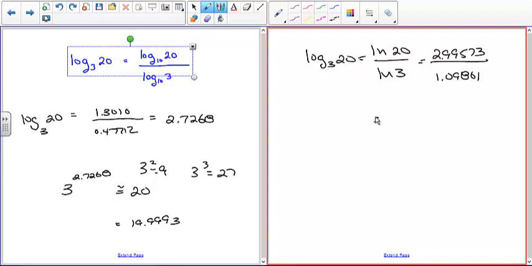So 2.99573 divided by 1.09861 should be 2.7268. And if you do that, you get 2.7268.